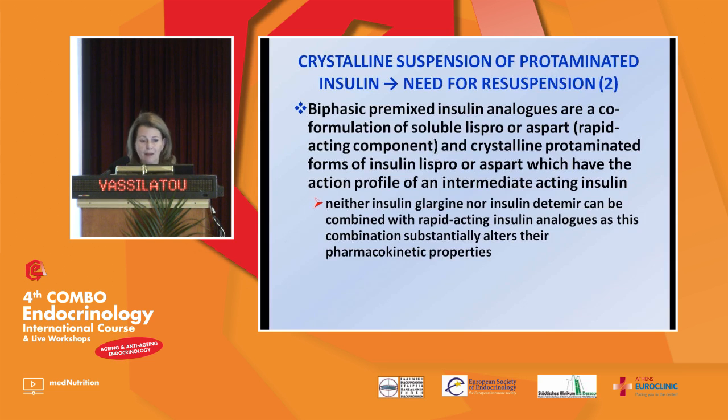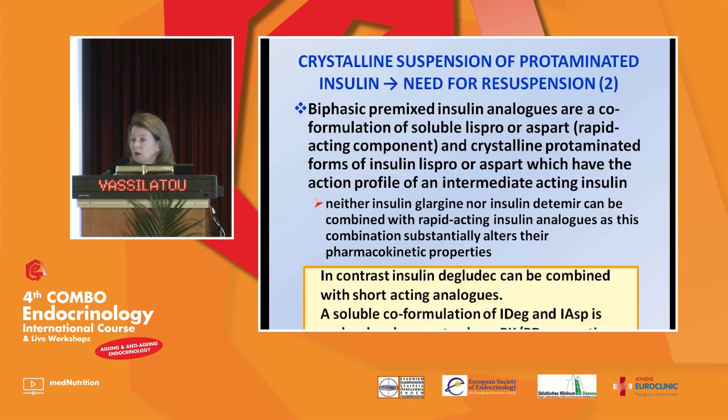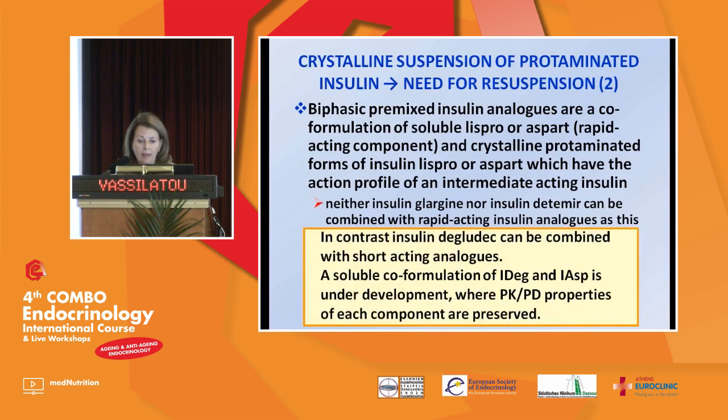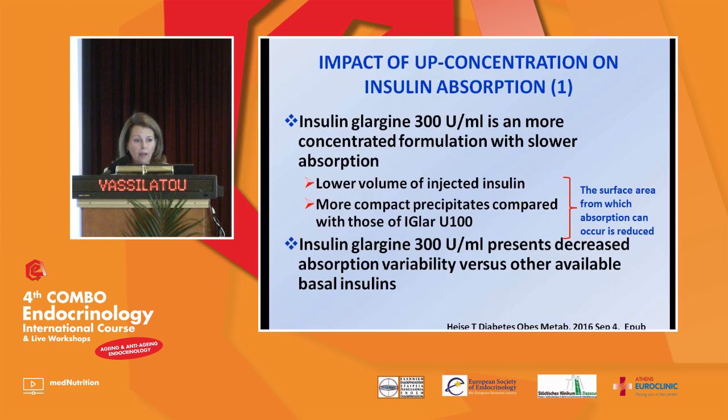It has to be noted that neither insulin glargine nor insulin detemir can be combined with rapid-acting insulin analogs, as this combination substantially alters their pharmacokinetic properties. In contrast, insulin degludec can be combined with short-acting analogs, and a soluble co-formulation of insulin degludec and insulin aspart is under development, where the pharmacokinetic and pharmacodynamic properties of each component are preserved.